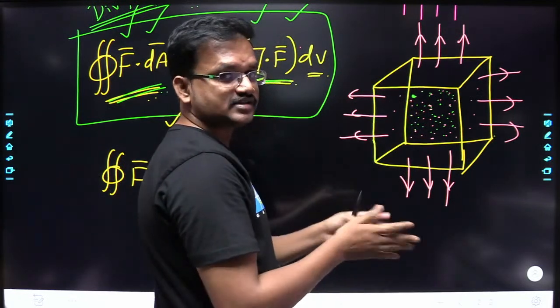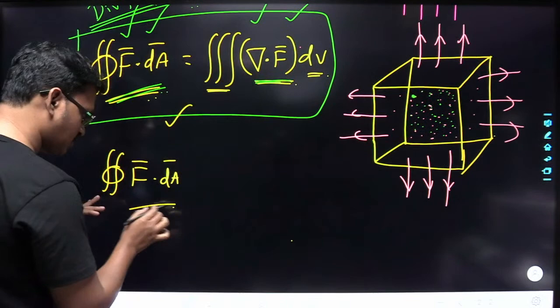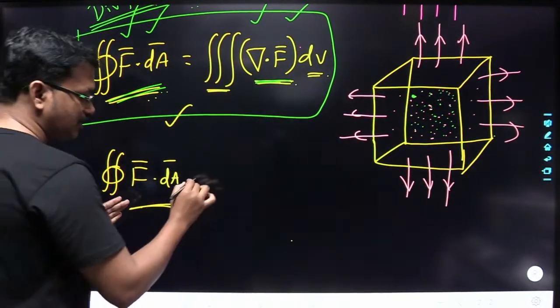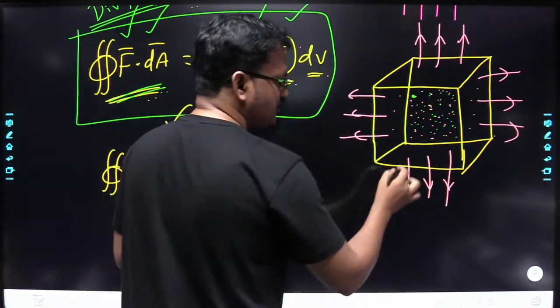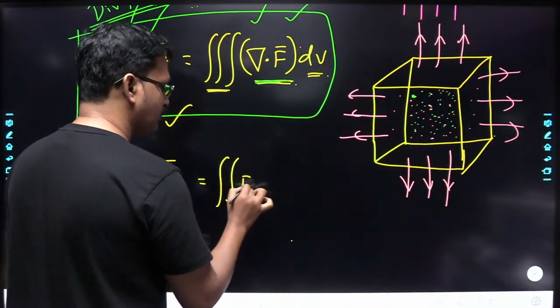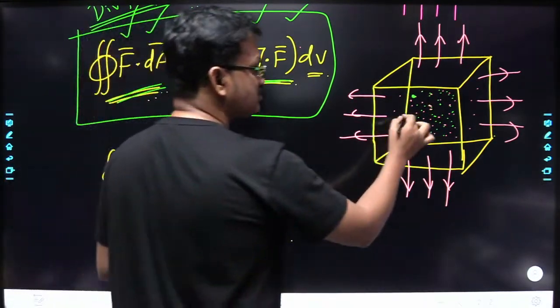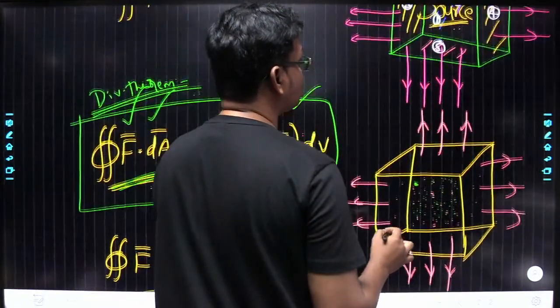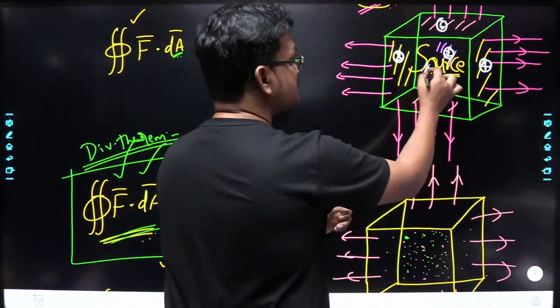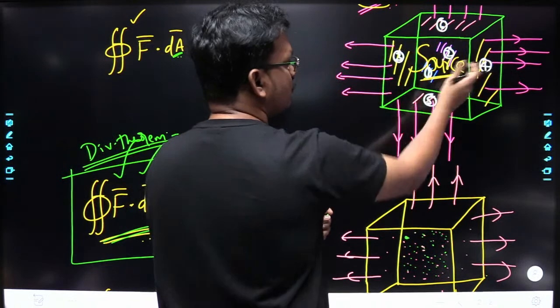So in general, if you want to determine the flux through a closed surface, you have to determine the flux through the front surface. I have named the front surface 1, the back surface 2, and the side surfaces 3, 4, 5, 6.